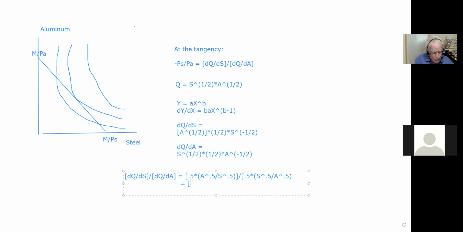So in the numerator, we have the ratio of A to S to the power of 0.5. In the denominator, the ratio of S to A, again to the power of 0.5.